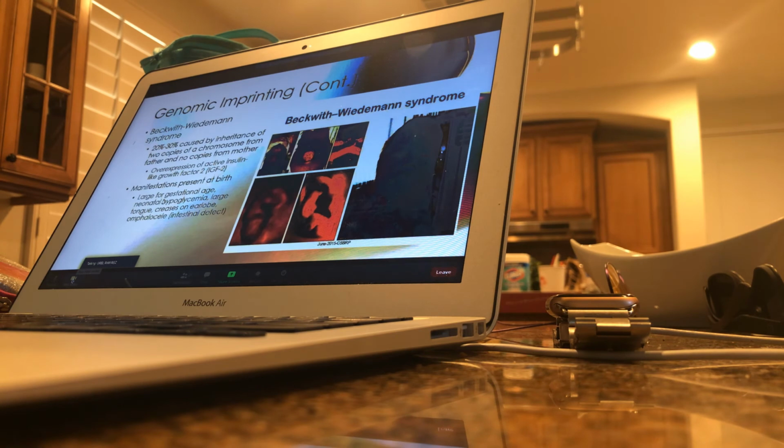Then we have Beckwith-Wiedemann syndrome. This one's a little bit more so related to an overexpression of another component of the body. This is IGF-2, or insulin-like growth factor 2. I just wanted to bring this one up. I'm not necessarily testing you on this one. I bring it up because it's a very characteristic condition.